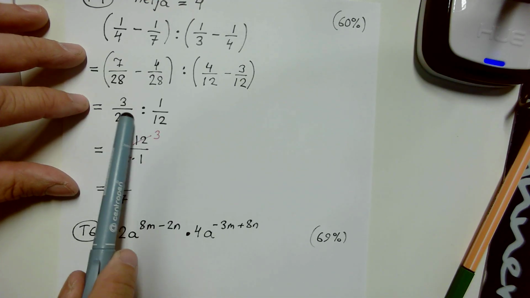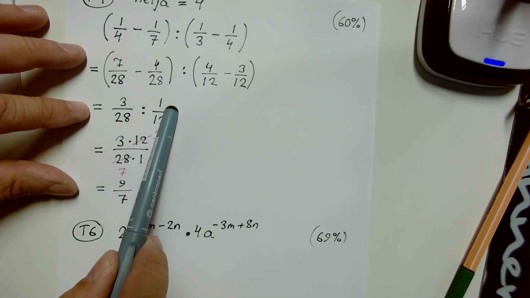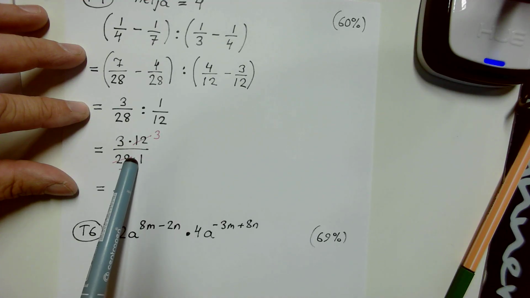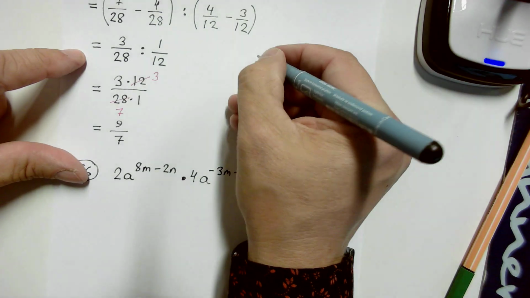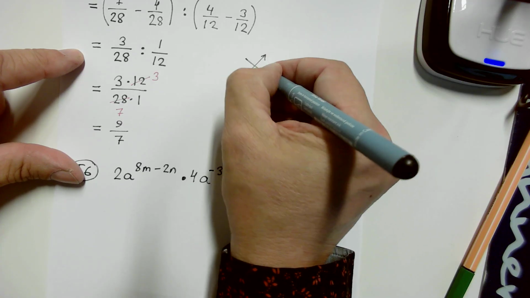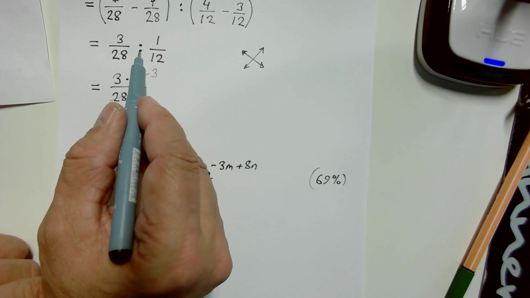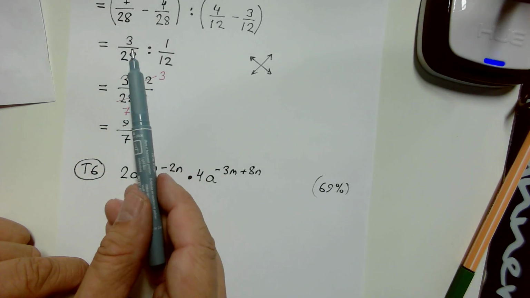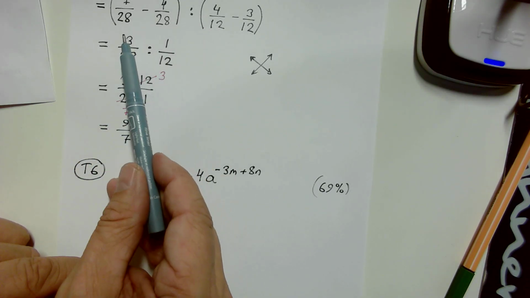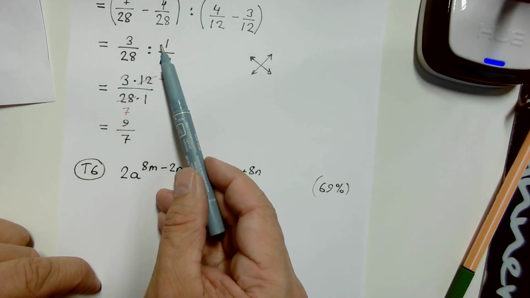And did you get how to get from this step to this step? Yeah, so we made a cross multiplication. When we have this dividing here, we may continue with multiplying these numbers with each other, and then multiply these numbers with each other.